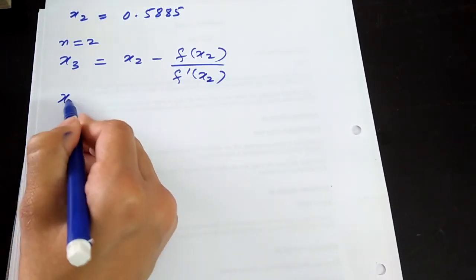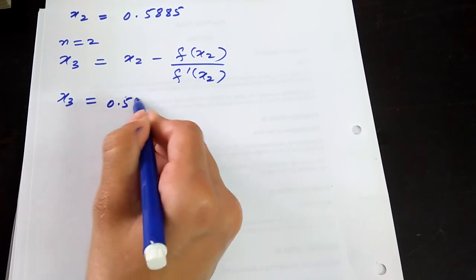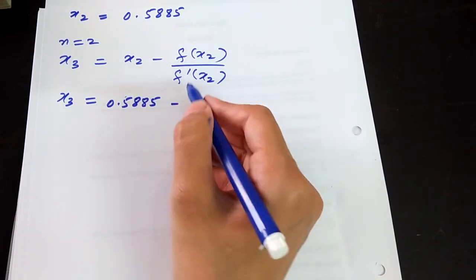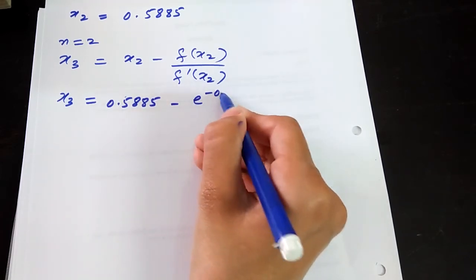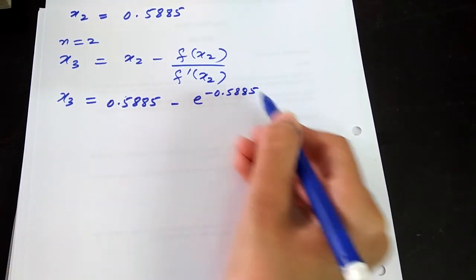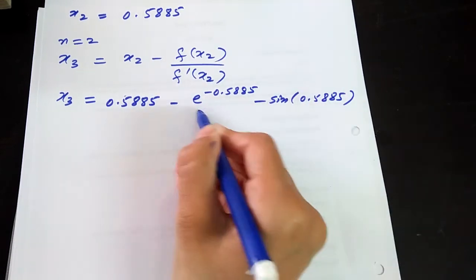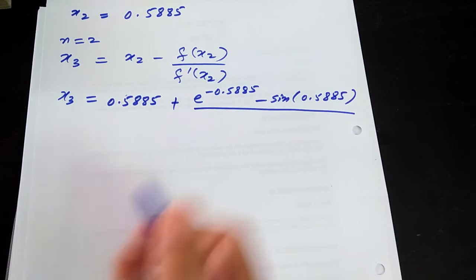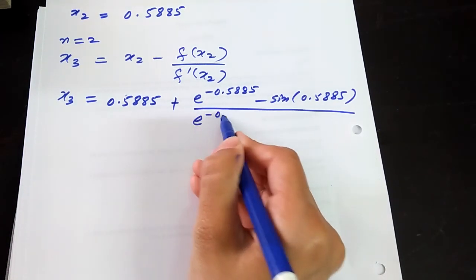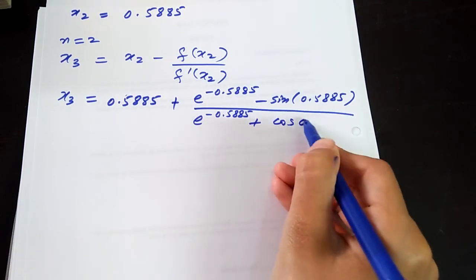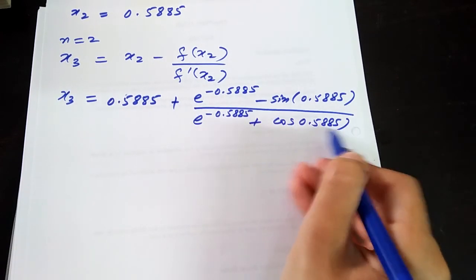So this will become x3 equals 0.5885 minus here f of x2, you will get e raised to power minus 0.5885 minus sine of 0.5885 divided by that minus, and that minus will give a plus, e raised to power minus 0.5885 plus cos of 0.5885 here.